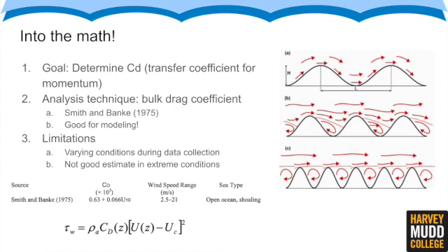But it's also important to note the limitations. So they themselves, in their write-up in their report, noted that, hey, there might have been some varying conditions during data collection. For example, maybe the wind speed wasn't exactly constant at all times, and they might have some different directions of wind speed that interfered with their data. They also say that their estimate is probably not great in extreme conditions.